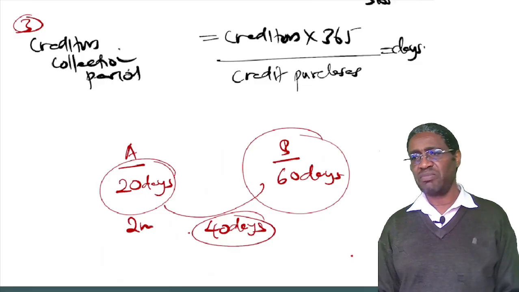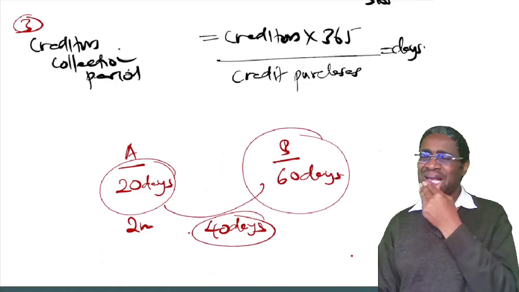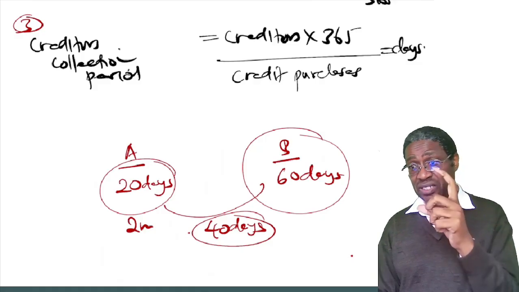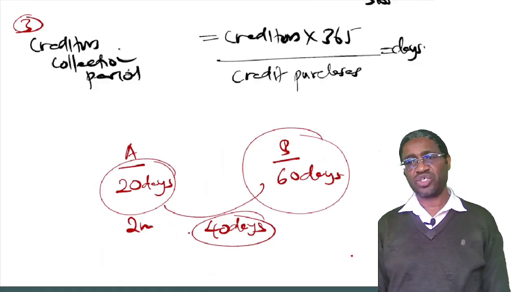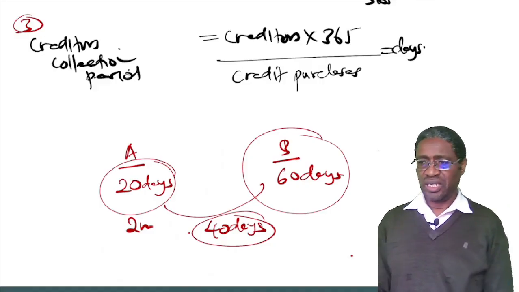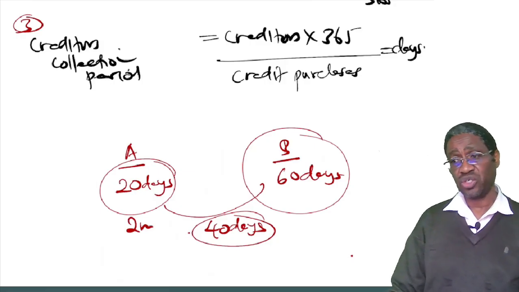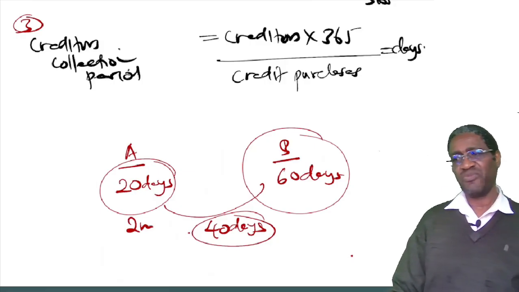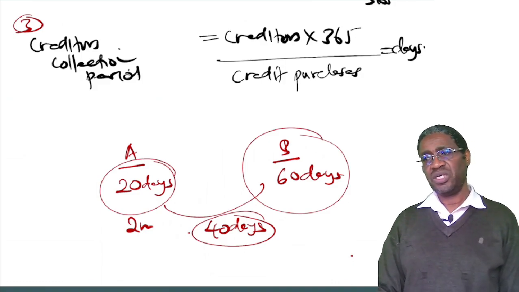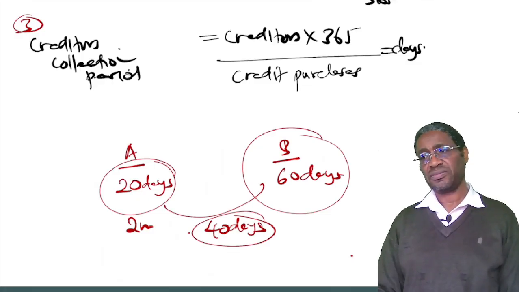This ratio indicates the number of days it takes to pay creditors.